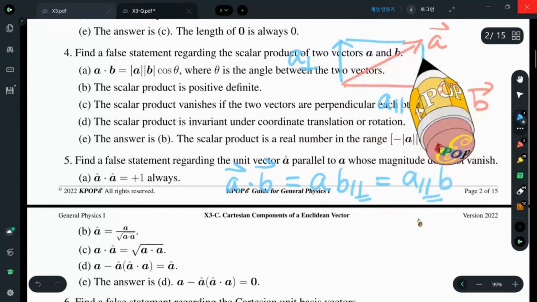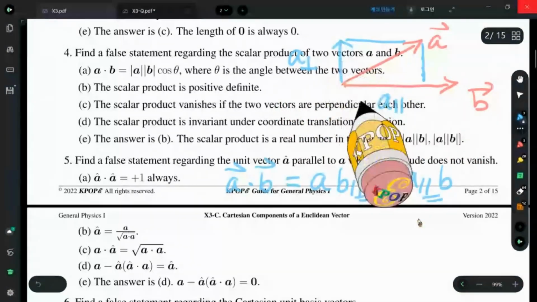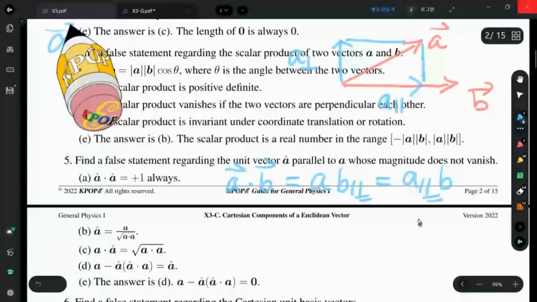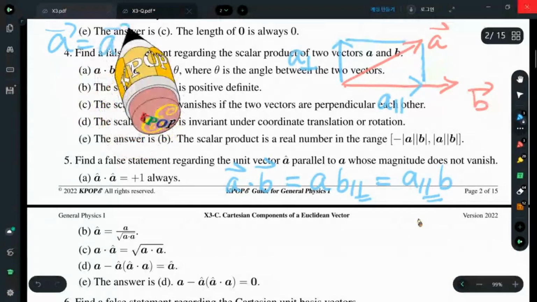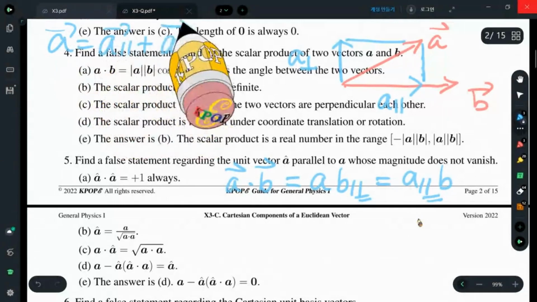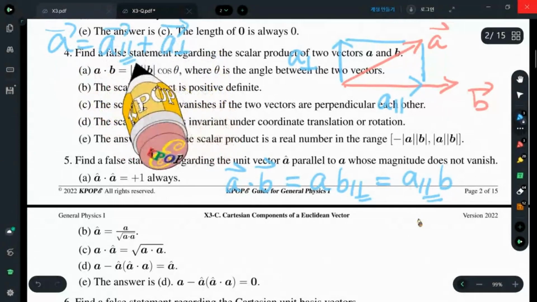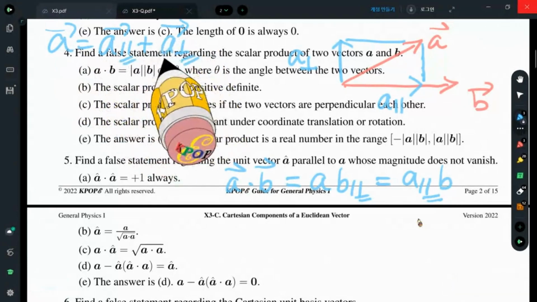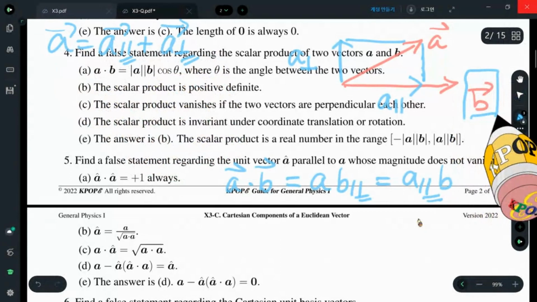This vector A can be divided into two pieces as an addition. A is the sum of A parallel plus A perpendicular. That means parallel and perpendicular are relative to this vector B. Understood?